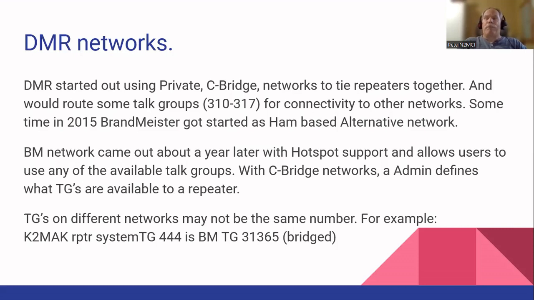I think Tri-States is also a different number if you're on the system versus a C bridge system versus what's on Brandmeister. It's just like if you have a cable company, I get ESPN on one channel and you get ESPN on another channel, but they're still the same ESPN. If you think of it that way, maybe it helps you out with how these things work.